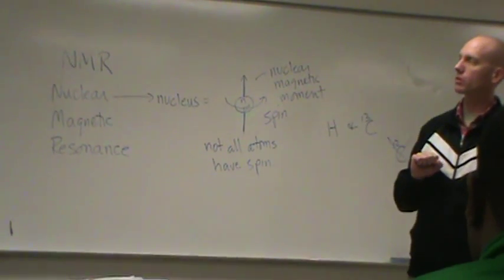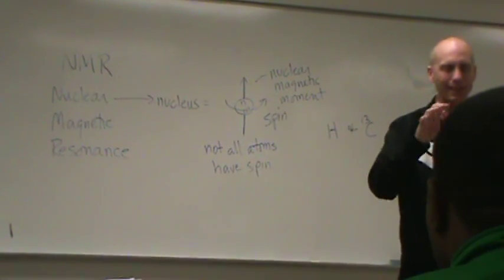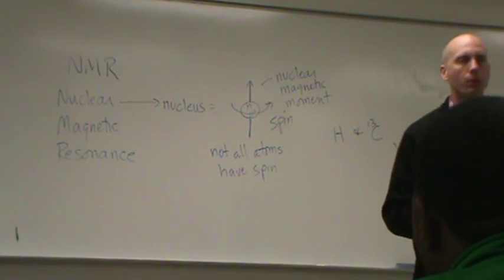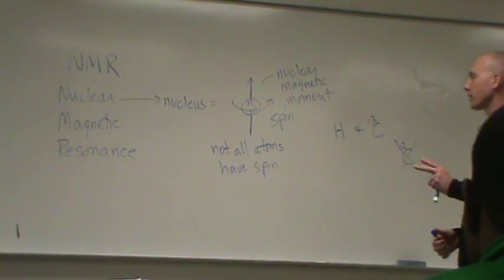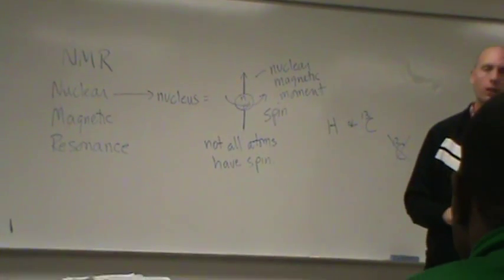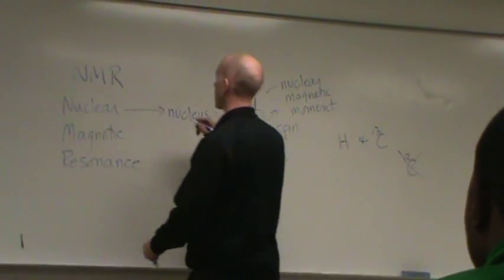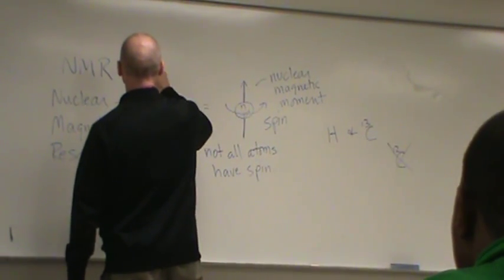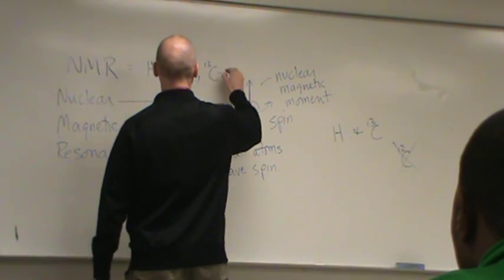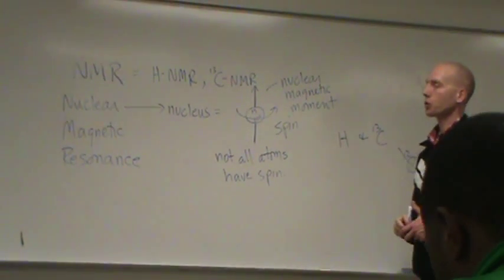There are some others, like fluorine and phosphorus, which get into more exotic things. If you want to take advanced spectroscopy, you can study those. But the two main that are used in every chemistry lab are hydrogen, sometimes called proton NMR, and C13 NMR. So we'll often write those like this. Those are the two we're going to look at.